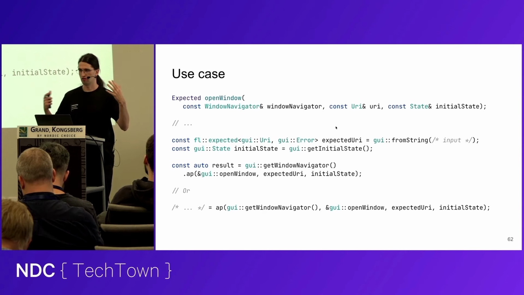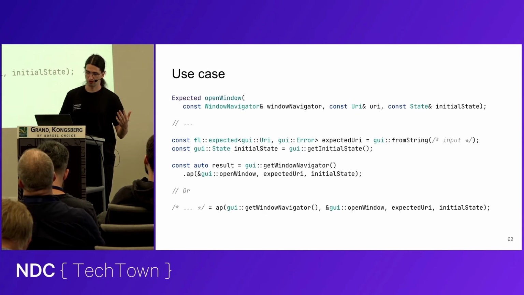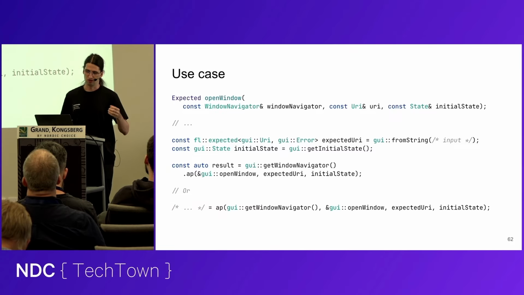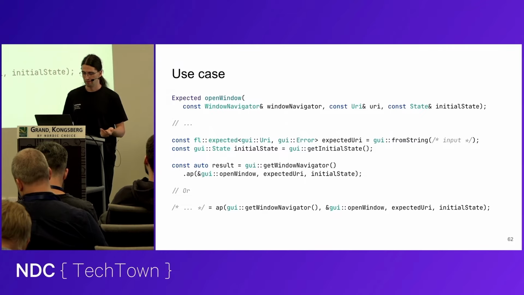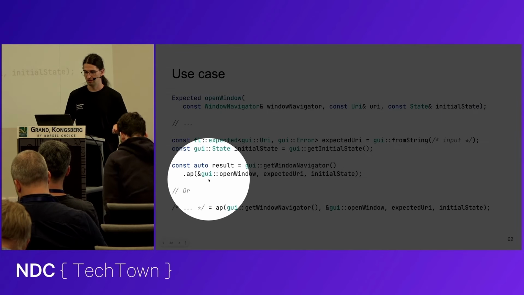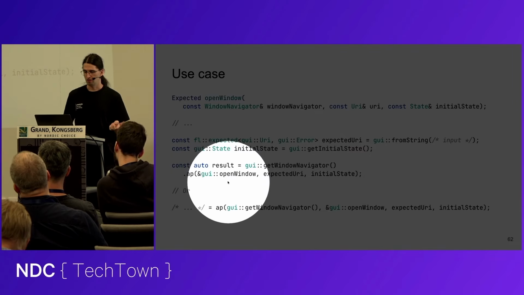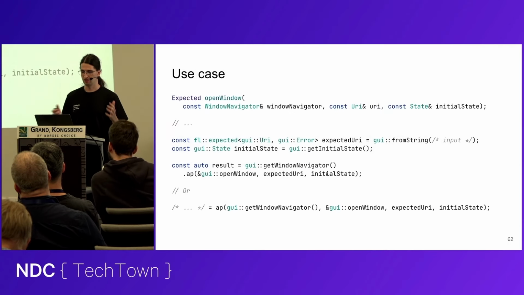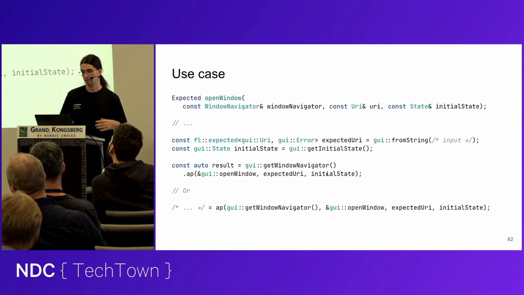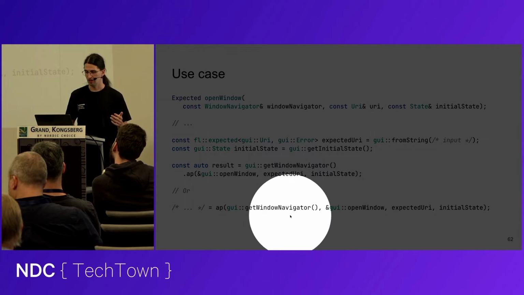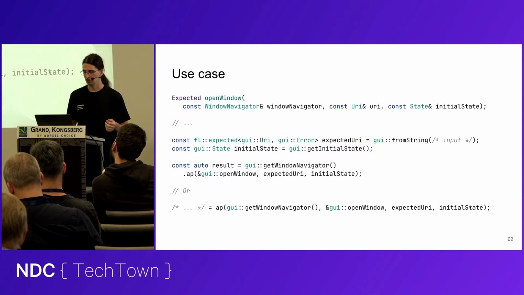It cannot be decoded properly at some point, so it's wrapped into expected. Then we have state, and potentially state can never fail, so it's always regular, not wrapped. And then how do we use it? We get a navigator, and then we call the open window function with expected URI and initial state, and there is a mix of arguments. Or alternatively, if you have it as a free function, you can get the navigator, then open, expected, and initial state.